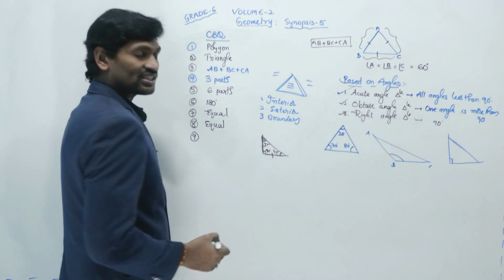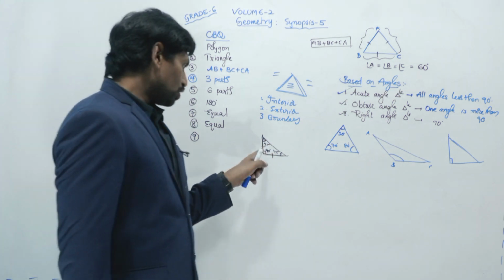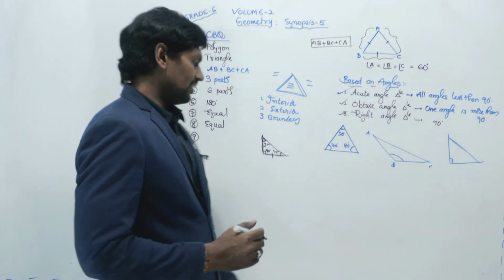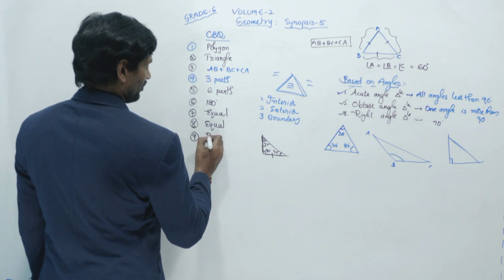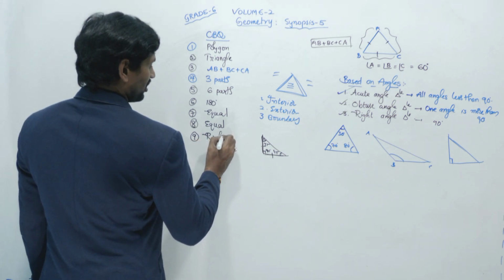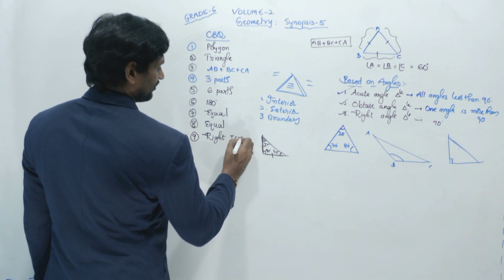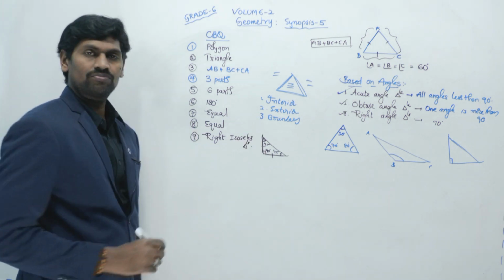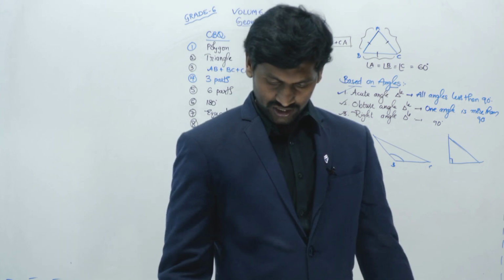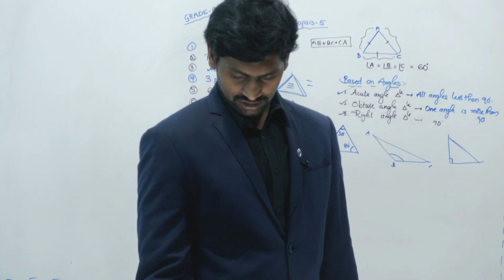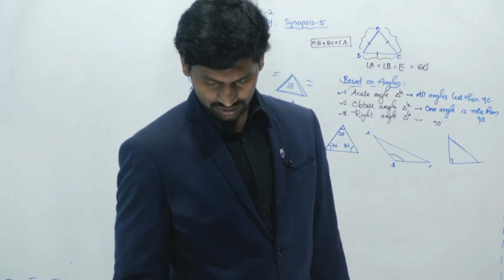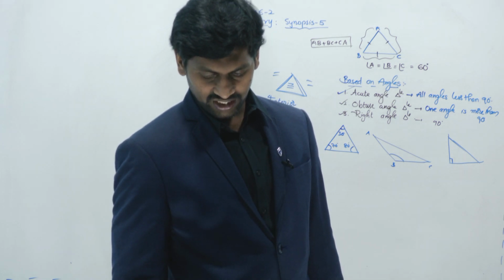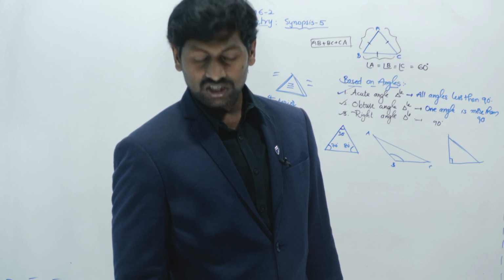That means isosceles triangle. So with the combination of 90 degrees, it is a right angle isosceles triangle, or right isosceles triangle. We can call it like this also. Right. So let us go to the next question, the 4th option.